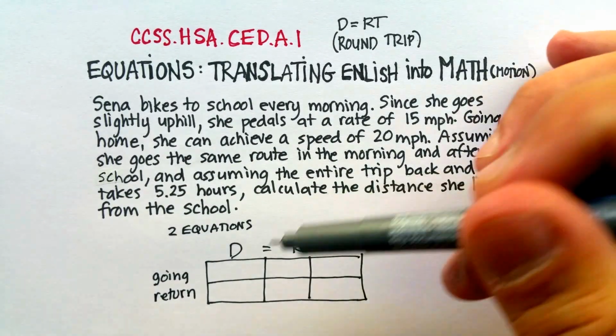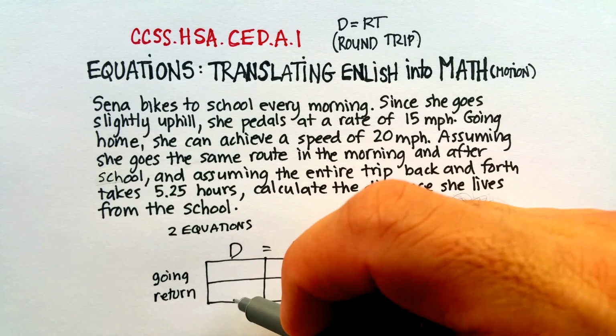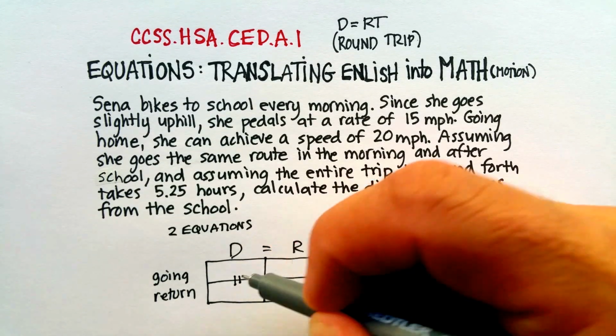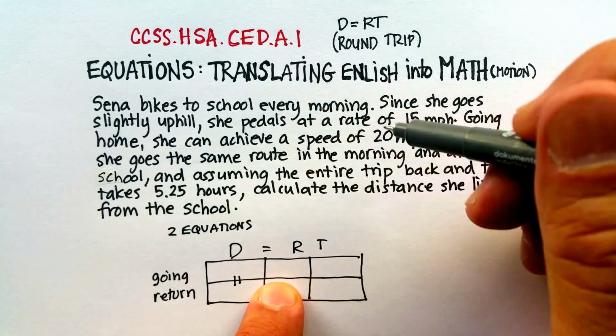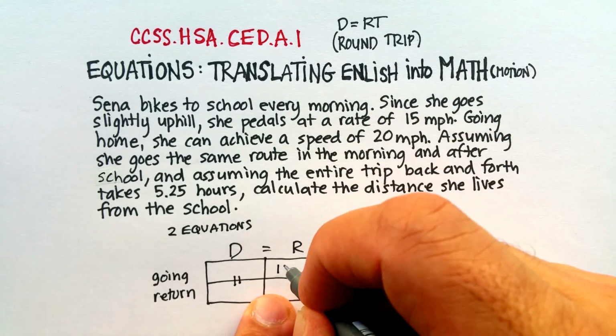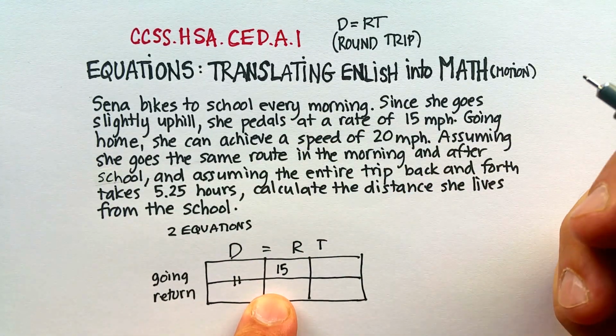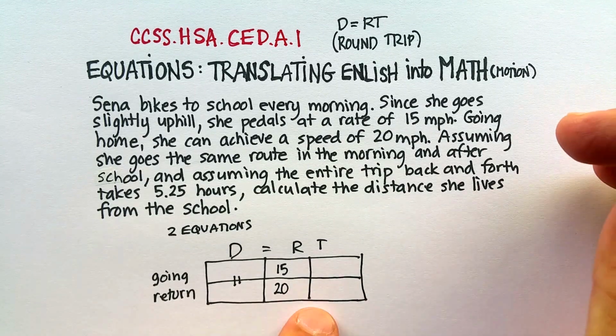We're asked to calculate the distance that she lives. Since she's a round trip, this distance is going to equal the return distance, okay? So let's just do that. Now, what's the rate that she has going to school? Well, according to our information, she's going 15 miles per hour. Going home, it's 20 miles per hour.